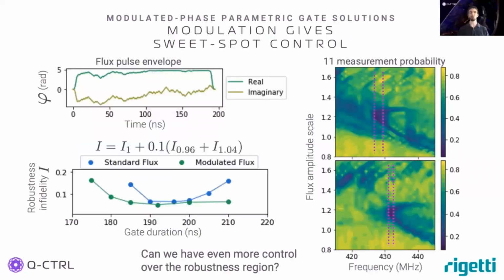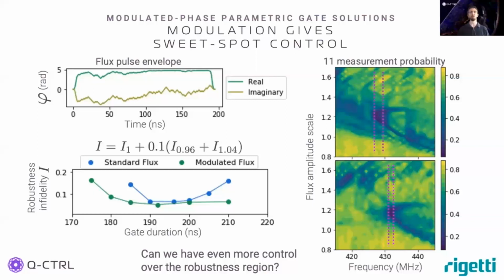At this point, we introduce modulation of the applied flux pulse, which can be optimized to improve robustness. On the top left, you can see an optimized flux pulse envelope where the phase is modulated over time within constrained limits for pulse smoothness.